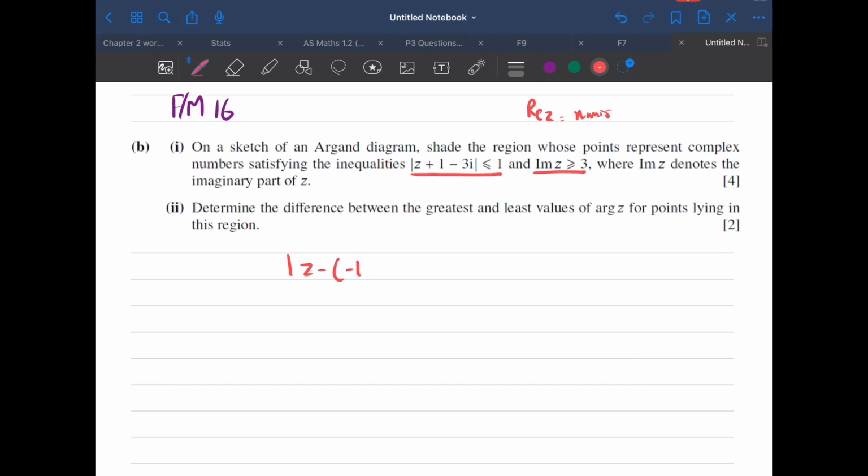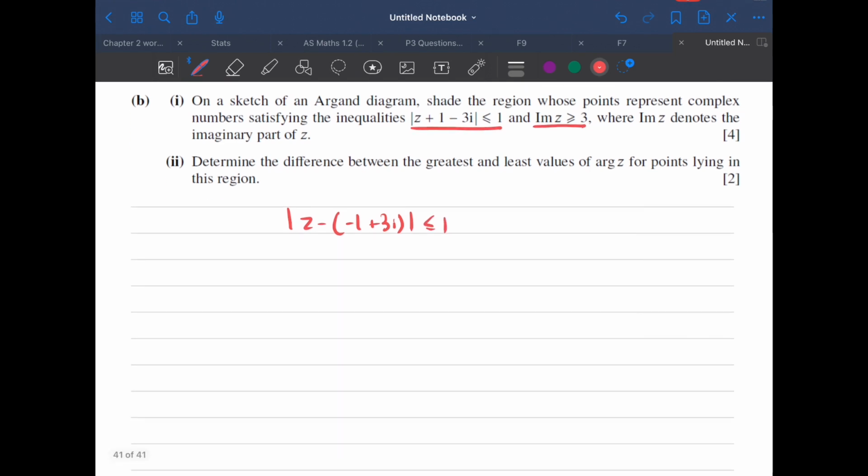So it's going to be minus 1 plus 3 iota. You get this? So let's draw that. Minus 1 and 3. It's going to lie here. Now radius is 1. So this is my circle. Got this? So the first loci is done.